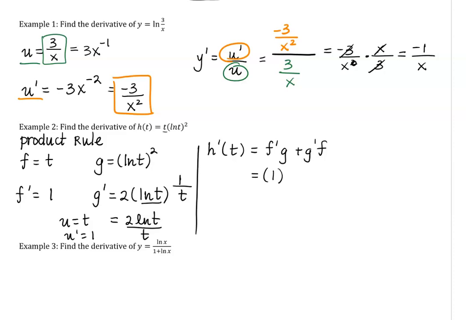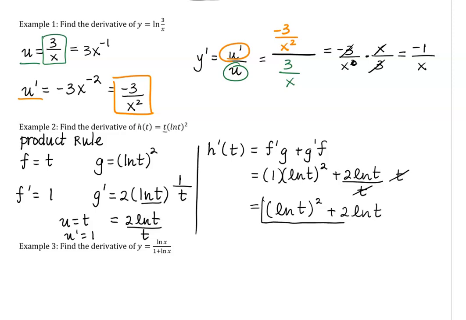F prime is 1. G is natural log of t all squared. G prime is 2 natural log t divided by t, and f is t. We can cancel these t's down here, and we are left with natural log of t all squared plus 2 natural log t as our final answer for h prime.